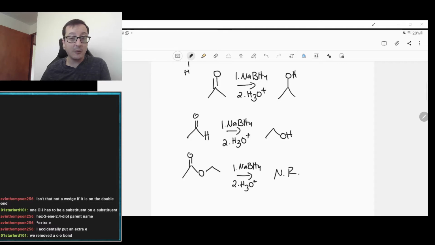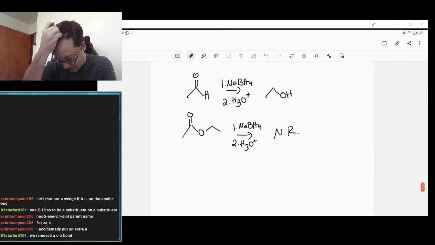Esters don't reduce with sodium borohydride. But we have a more aggressive reducing agent that we can use to make an alcohol from this ester. In fact, we'll make two alcohols from this ester, but we'll look at that later.